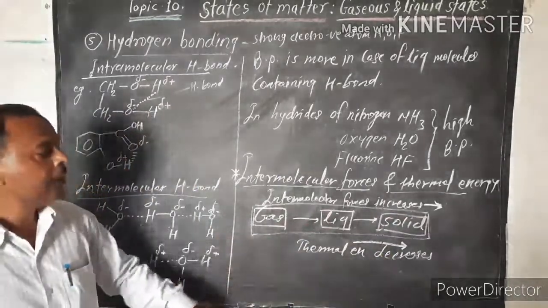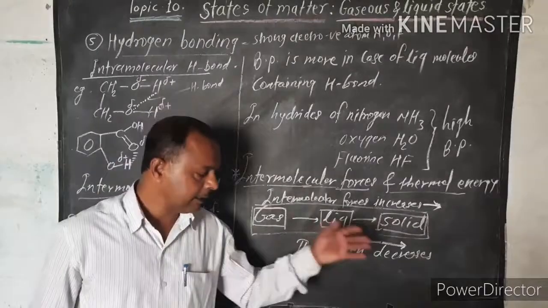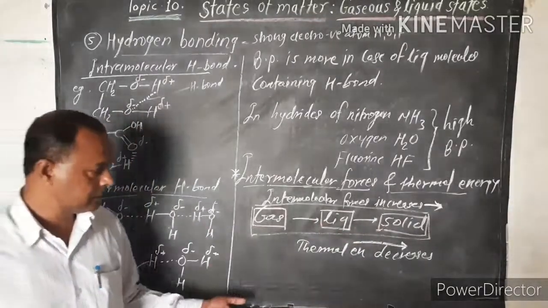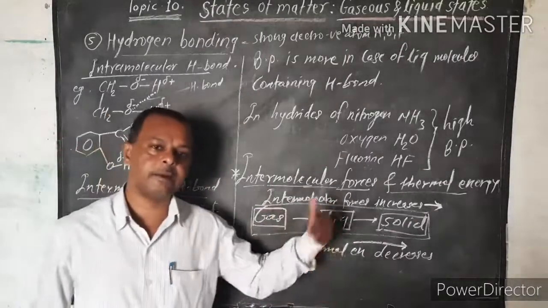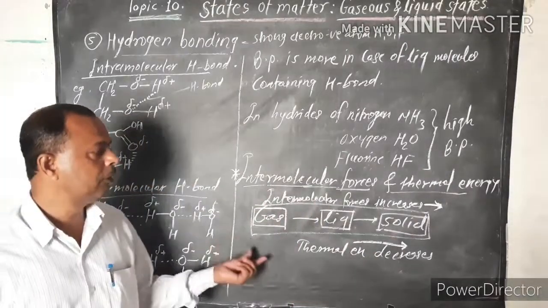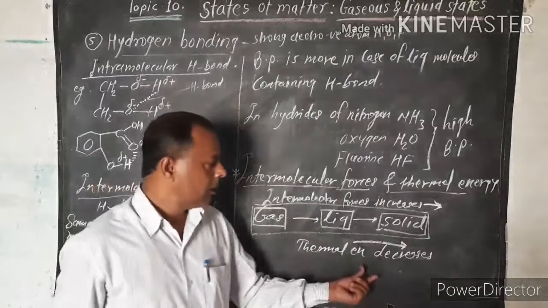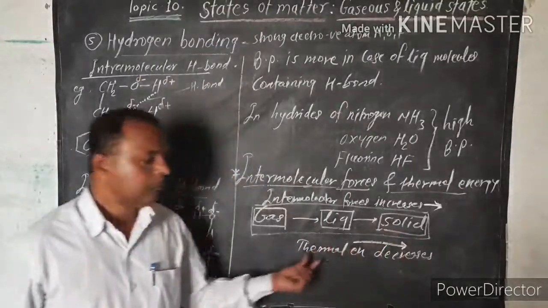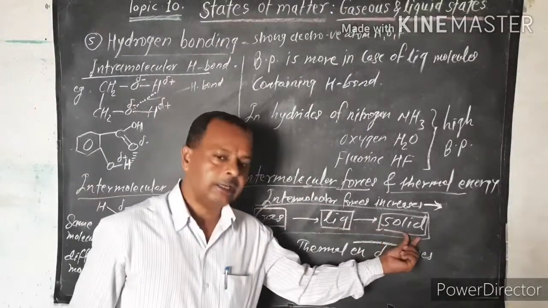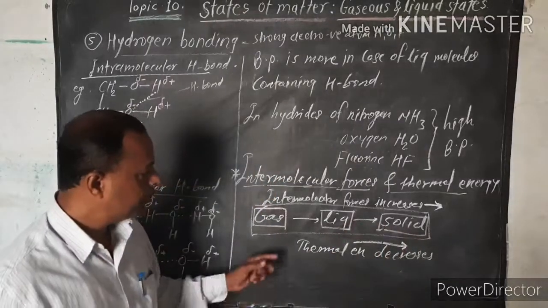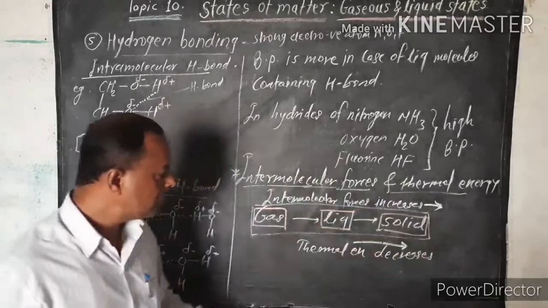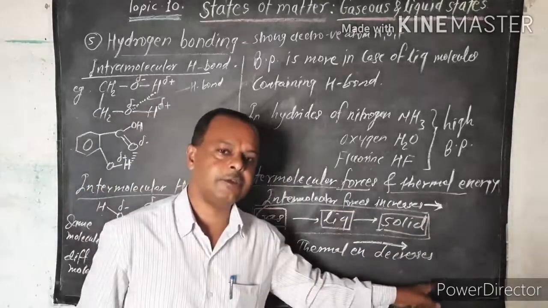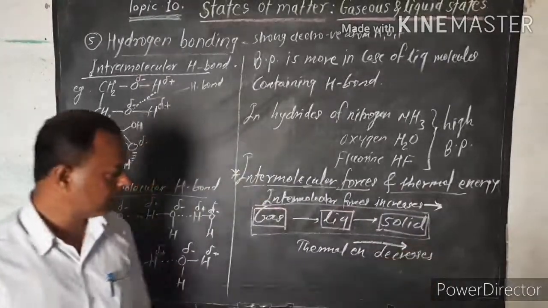Thermal energy arises from the kinetic energy of the particles, which arises due to the movement of the particles present in the molecules. In a solid, the movement of particles is very little, and that's why the intermolecular force of attraction is more, but thermal energy is lower.